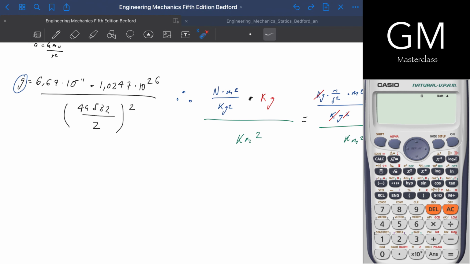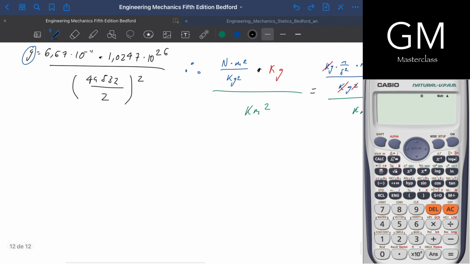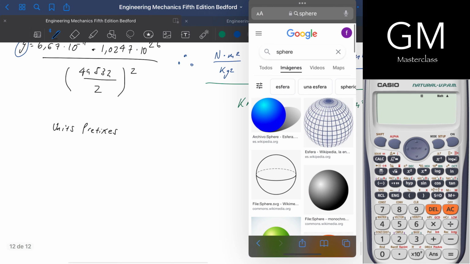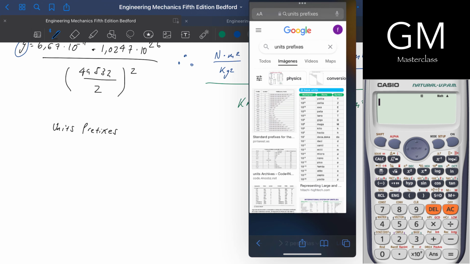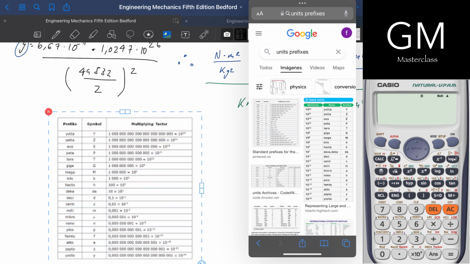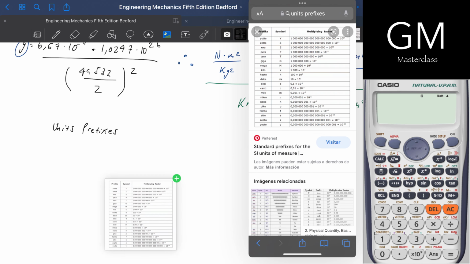Now, if I talk about units prefixes on Google, I am going to find this chart. I don't like it. That doesn't look so good.